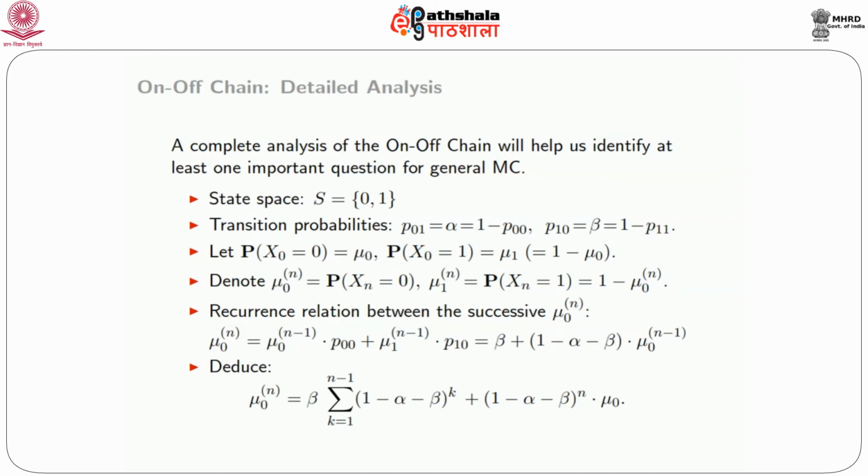Of course, if the common ratio is 1, then the sum, we know what it is, n minus 1. But when the common ratio is not 1, then there is a nice formula. But for the common ratio to be not equal to 1, what we want is for alpha plus beta to be not 0.